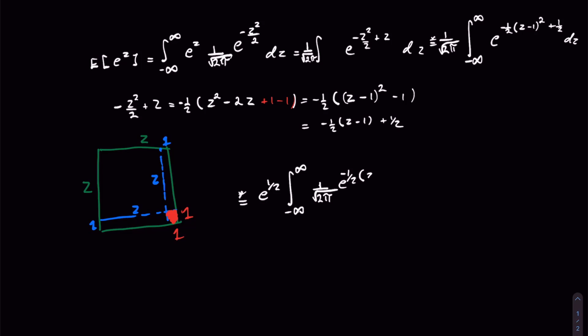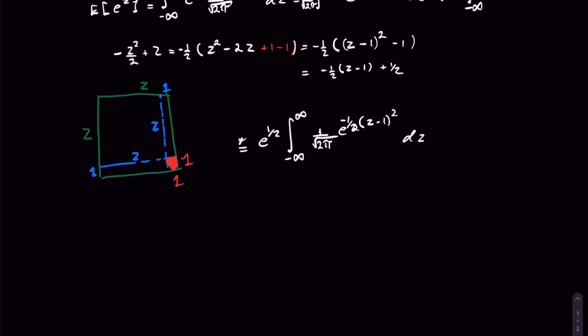E to the z minus 1, over 2, should be a 2, sorry, here looks awfully similar, and here this is now exactly the PDF. This looks identical to the PDF of a normal with mean 1, variance 1.